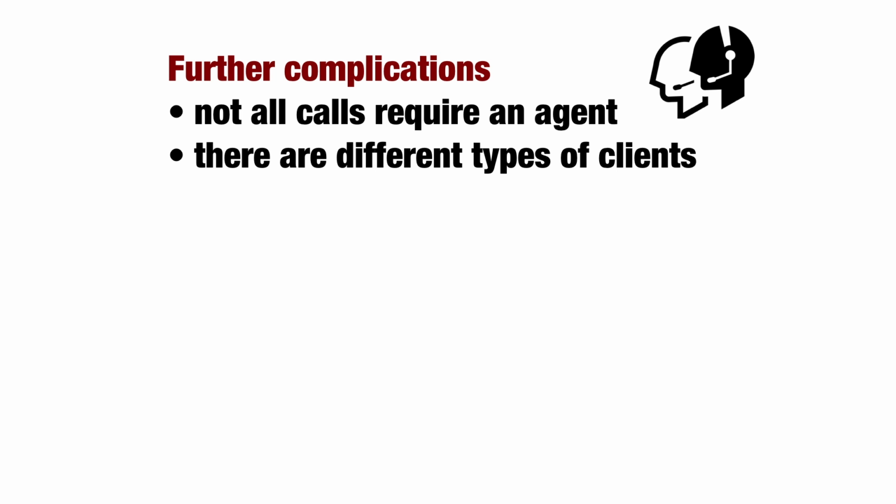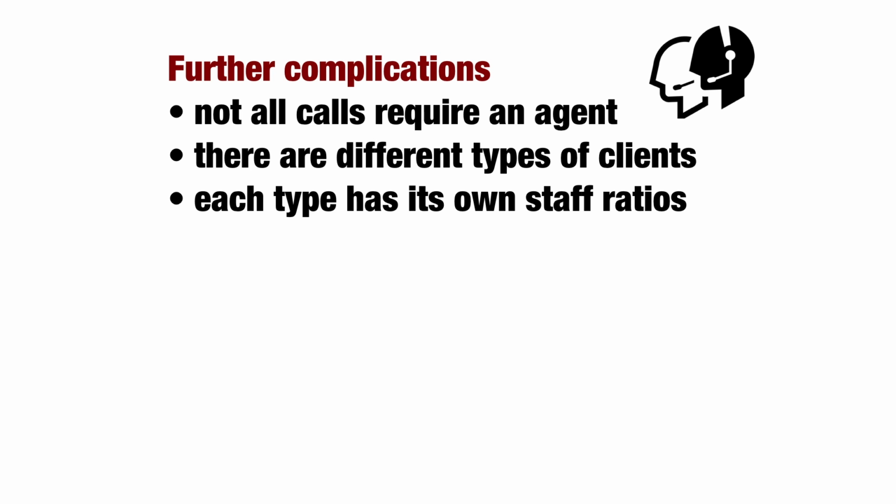The second complication is that there are different types of clients. We don't treat all our clients the same. We have our typical platinum, gold, and silver clients. We want to treat the platinum clients really well because they're spending a lot of money with us. We want to treat the gold clients fairly well. And with the silver clients, we just don't want them to leave, that's all.